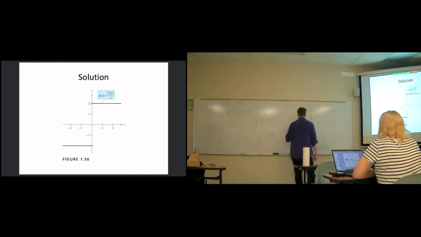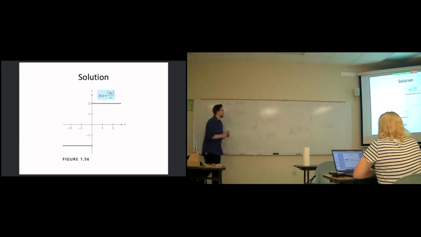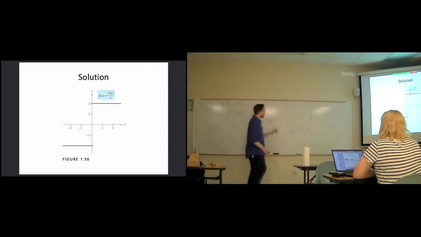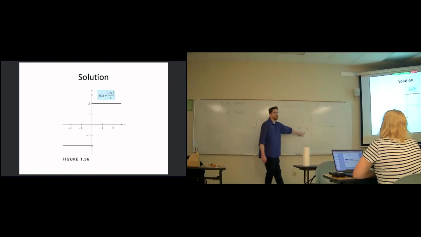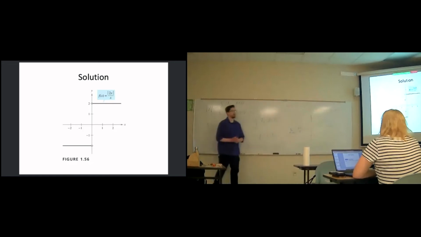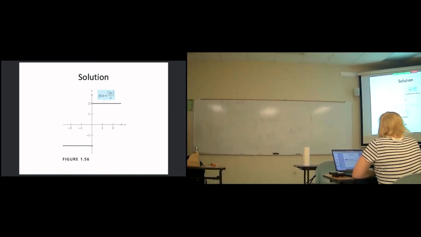The limit as x approaches 0 from the left of the absolute value of 2x divided by x is going to be equal to -2. So here, like I said before, the limit does not exist. But we would say the right-hand limit is 2, and the left-hand limit is -2. Everybody cool with this?